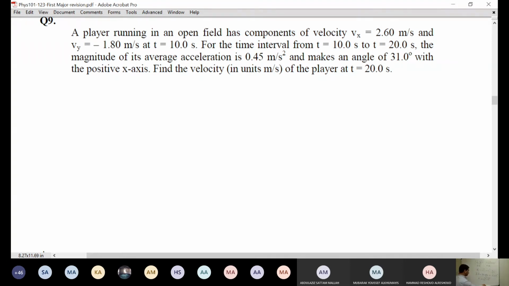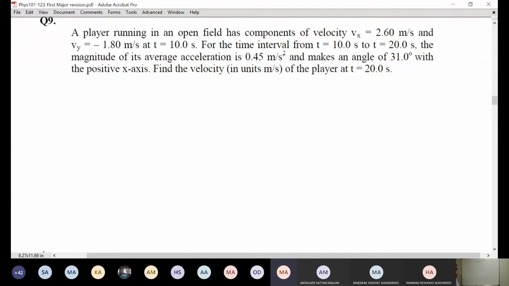Okay, so here we want to determine the x component and the y component of the acceleration first. What will be the x component of the acceleration?